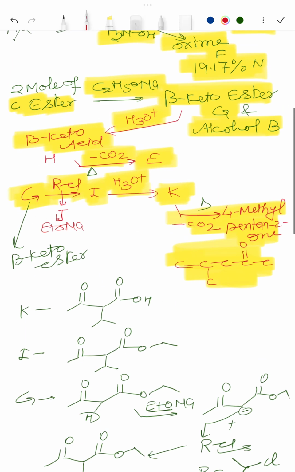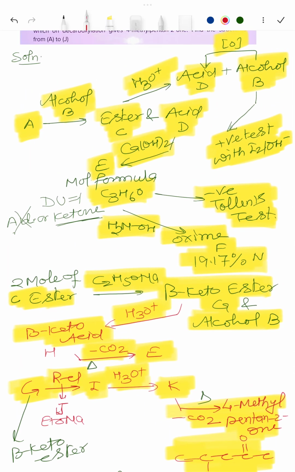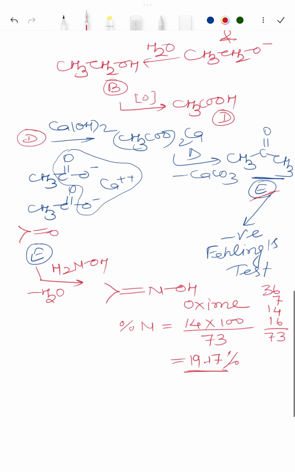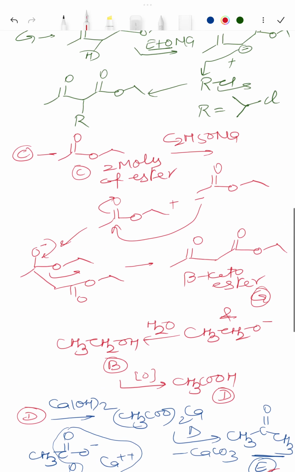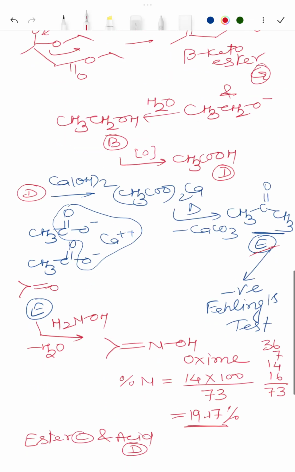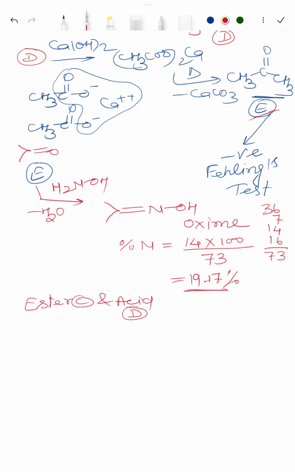Now ester C and acid D. Ester C and acid D are formed when A reacts with alcohol B. So A is a carboxylic acid derivative, just like an anhydride.